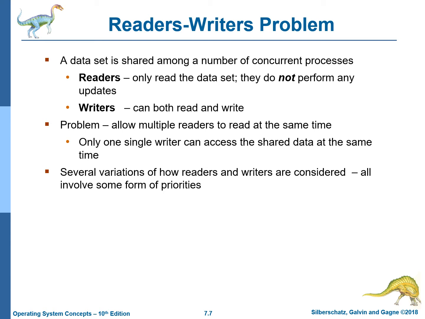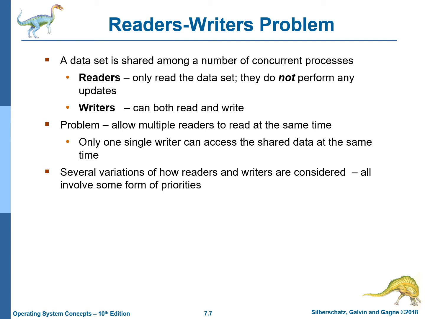In other words, no reader should wait for other readers to finish simply because a writer is waiting. The second reader-writer problem requires that once a writer is ready, it performs its write as soon as possible. In other words, if a writer is waiting to access the object, no new readers may start reading.